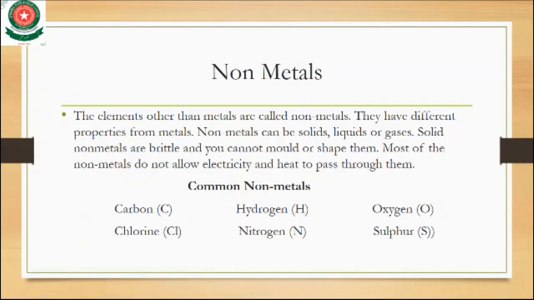Solid non-metals are brittle, and you cannot mold or shape them. Most non-metals do not allow electricity and heat to pass through them. They are very different from the metals.